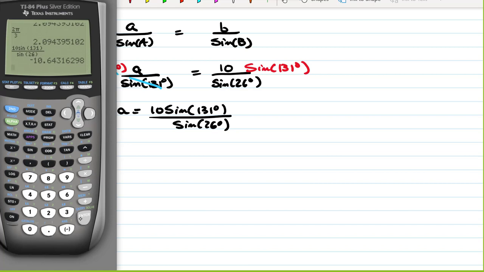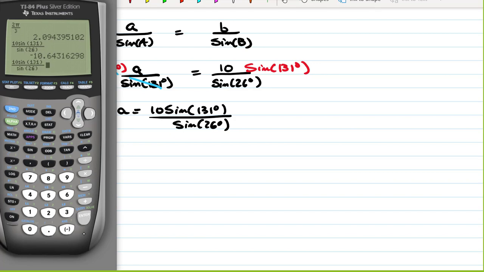So obviously something is wrong. Why am I getting a negative side length? That's not even possible. Well, we have to be very careful: all of these angles were given in degrees. But if I check the mode of my calculator, what mode am I in? Radians. So if we're working with degrees, make sure to change your calculator into degree mode.